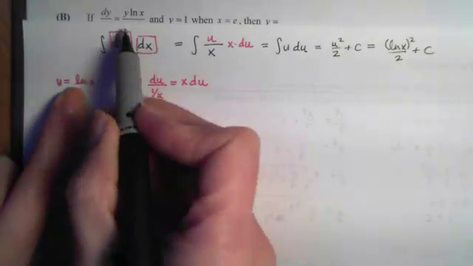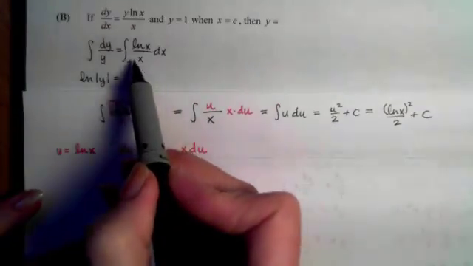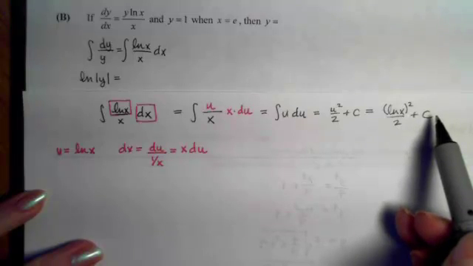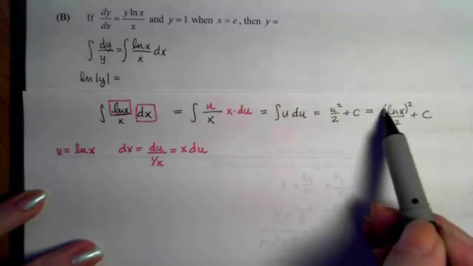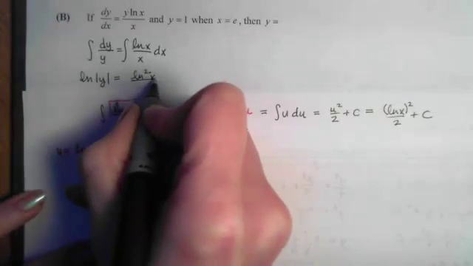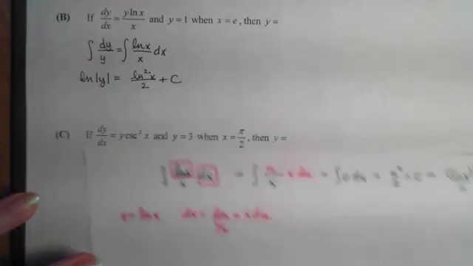So that right-hand side, which was kind of difficult to figure out, we had to do an entire substitution method to get its antiderivative. But now that we know what its antiderivative is, we can put it in, and we're ready to move forward.